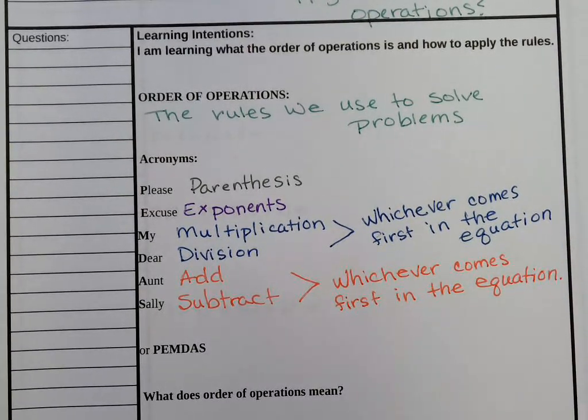So, PEMDAS and please excuse my dear Aunt Sally are both ways to remember. They're acronyms that you use to help you remember which operation we do first. And as you look at this, there's really only 4 things we can do, 4 operations we do in math. Add, subtract, multiply, or divide. Everything is based off of those 4 operations. So what does order of operations actually mean?